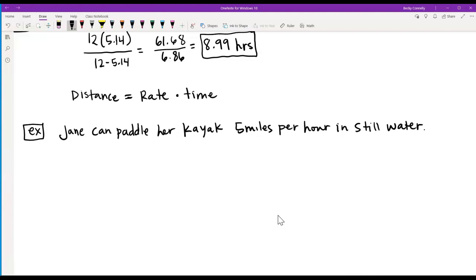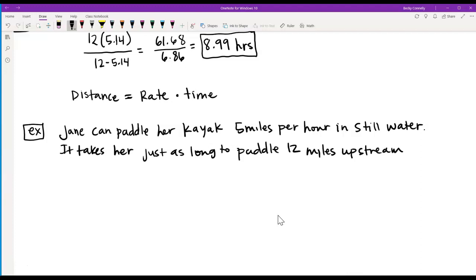So it takes her just as long to paddle 12 miles upstream as it takes her to travel 28 miles downstream.